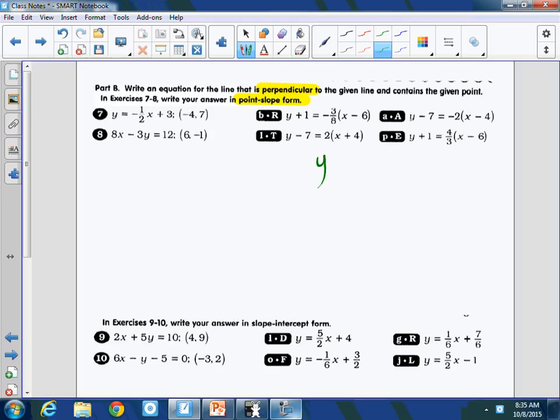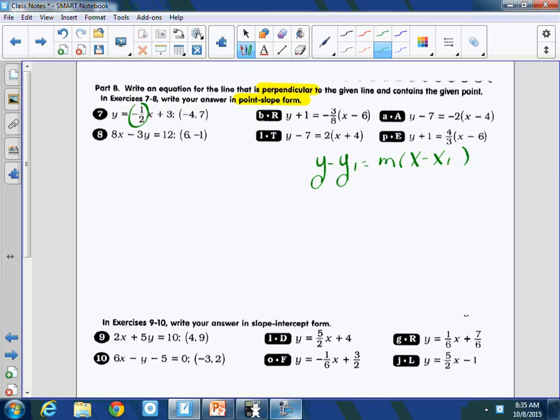And I believe it's y minus y1 equals m times x minus x1. So I need a point, which would be my y1 and my x1, and I also need my slope. All right, so let's go to the first one. Do you have your slope? Yes, I do. But it's a line that's perpendicular to that one. That's my slope, highlighting. But it's a line that's perpendicular to that.